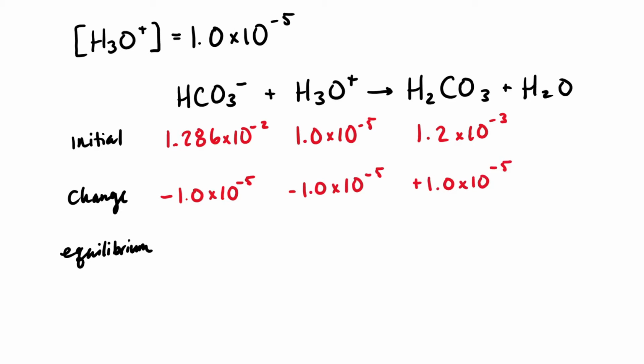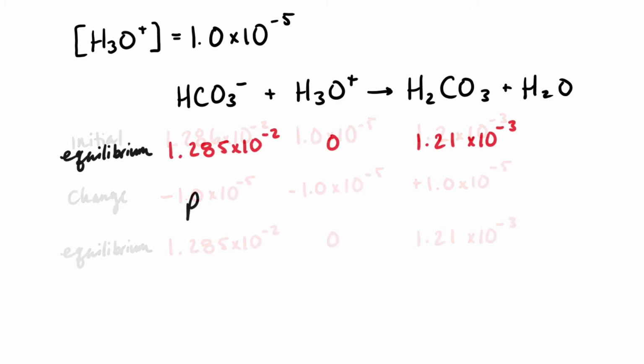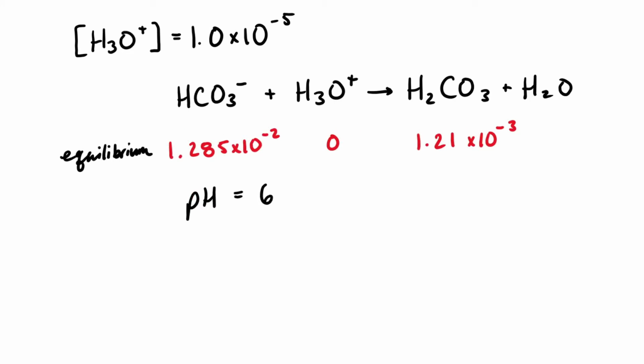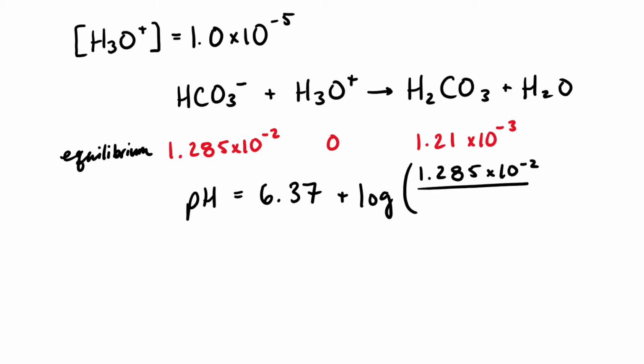The hydronium is going to subtract that amount from the bicarbonate and add that same amount to the carbonic acid. And we can plug our new values into Henderson-Hasselbalch to find 6.37 plus the logarithm of the new concentration of base to acid equals pH 7.396.